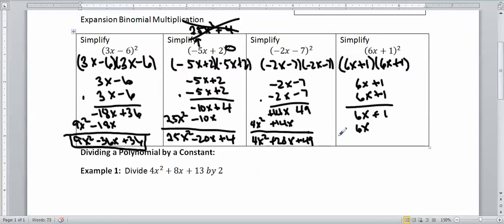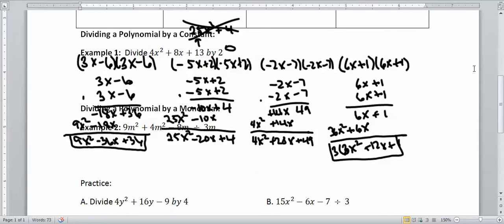And then 6x times 6x, you should get 36x squared. And then add them together. So your final answer, 36x squared plus 12x plus 1. Oops, forgot my 36, not 3. Okay. So that is just a quick review over binomial multiplication and sort of a new form.